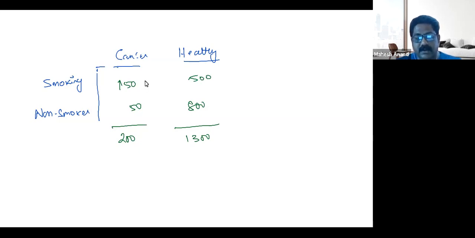So the total number of smoking candidates is 650, if you see the row total, and similarly here it is 850, right? And this is the grand total. So 1,300 plus 200 is 1,500. Similarly, 650 plus 850, if you see, is 1,500.